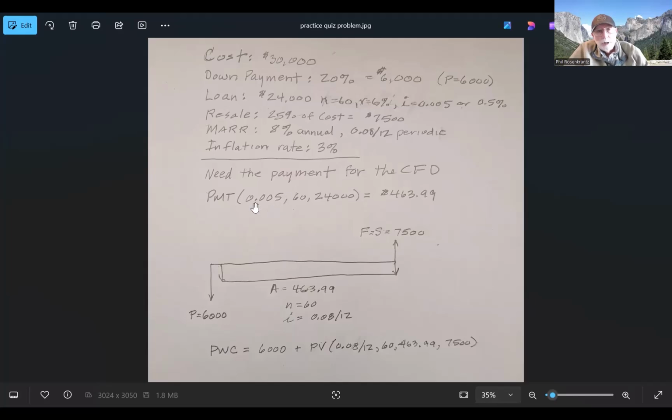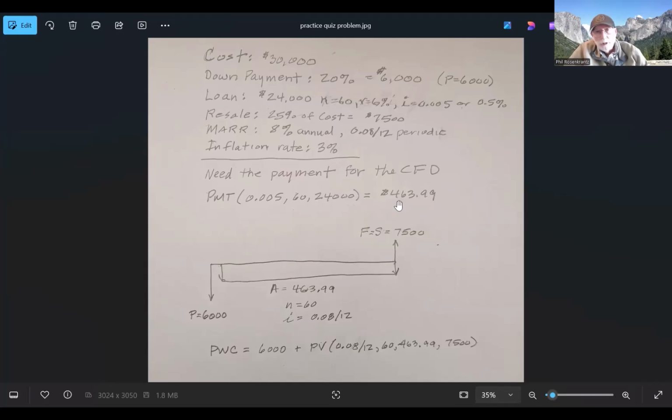So using the payment function, a 6% loan is 0.005 rate, or 0.5% per month. So that's the periodic interest rate. N is 60 months. 24,000 is the amount we're financing.